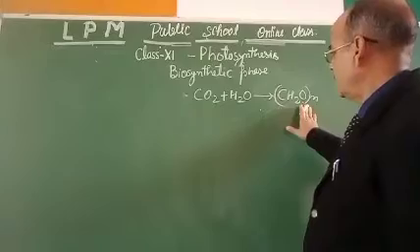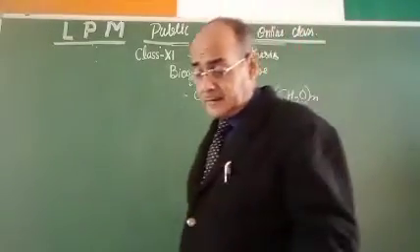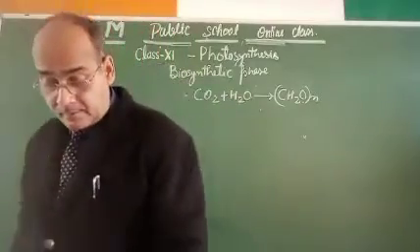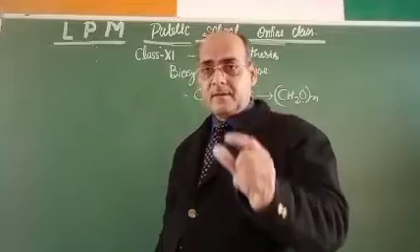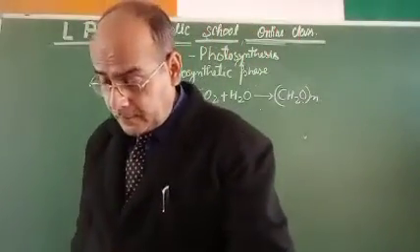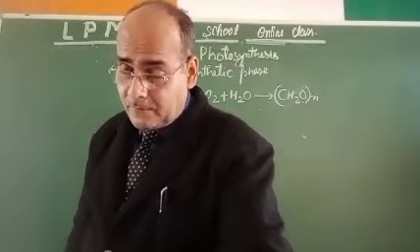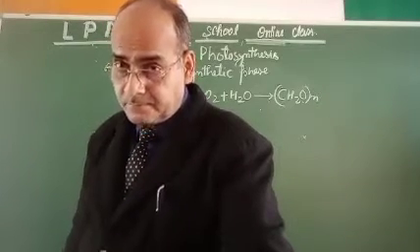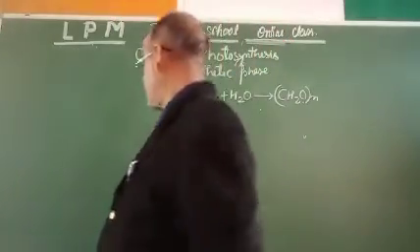And how does it take place? It takes place in the Calvin cycle, which came into existence after the research of Melvin Calvin, and that is called the Calvin cycle.